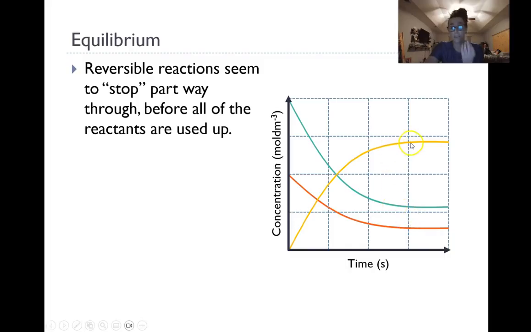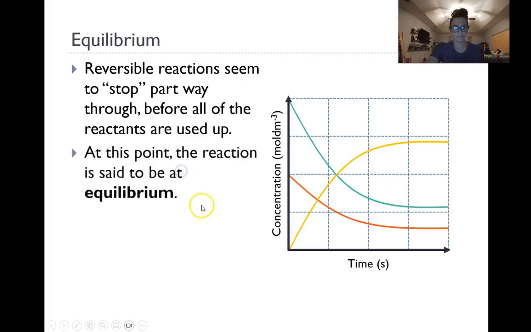Instead of the reactants getting used up, all of the reactants are getting turned back into products. So when the line goes flat, it doesn't mean the reactants are being consumed. It means they no longer appear to be changing because the reaction is at equilibrium. Reactants are being turned into products, and then the products are immediately turned back into reactants.